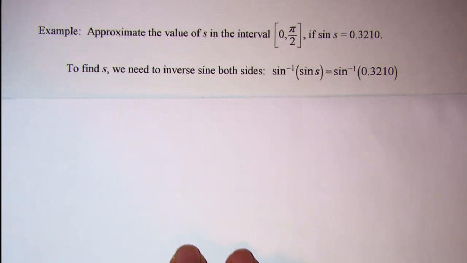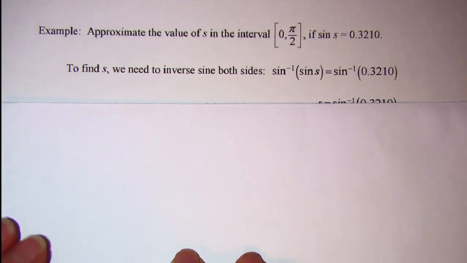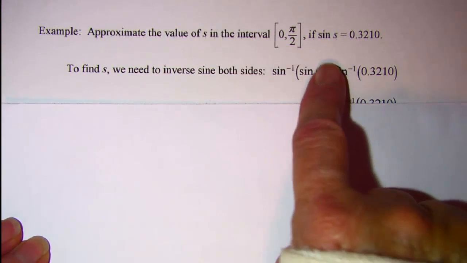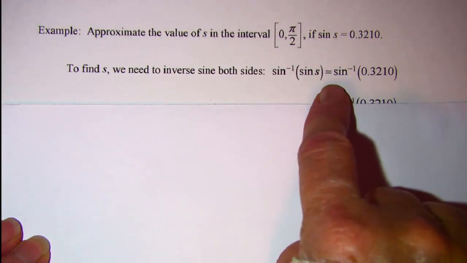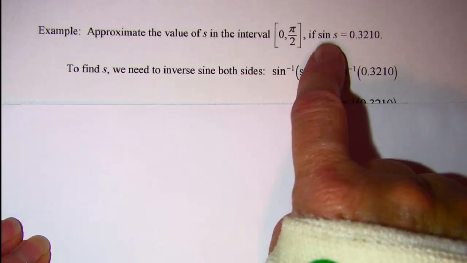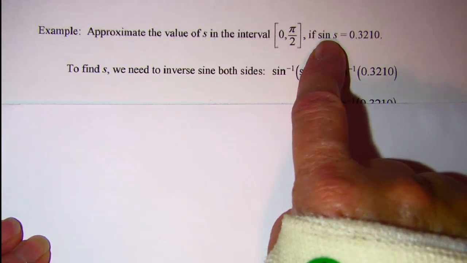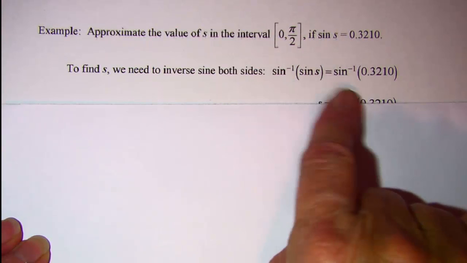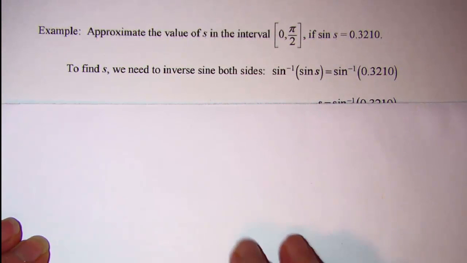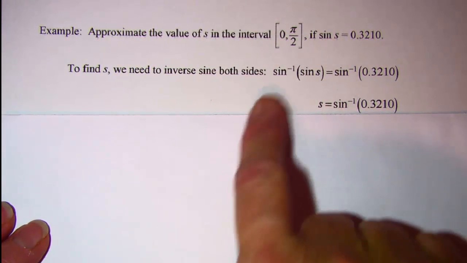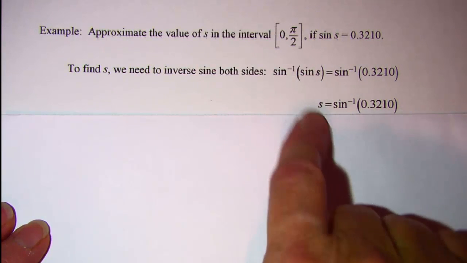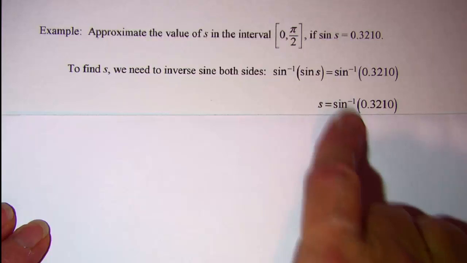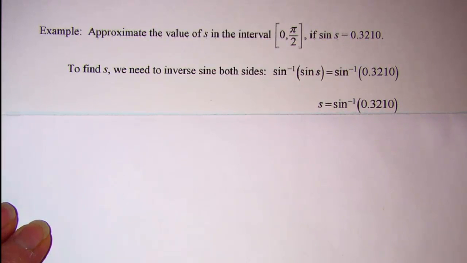Right. So to find s, we need to inverse sine both sides of this equation because it wants the approximate value, so I'm going to just use a calculator. To get s by itself here, I do an inverse sine on both sides. When I do that, the inverse sine and the sine cancel each other off, and I get s equals inverse sine 0.3210.